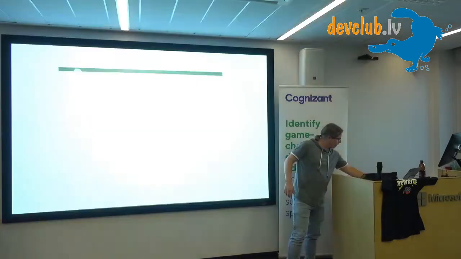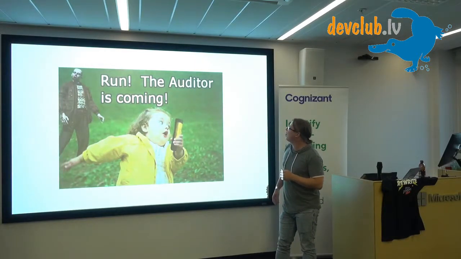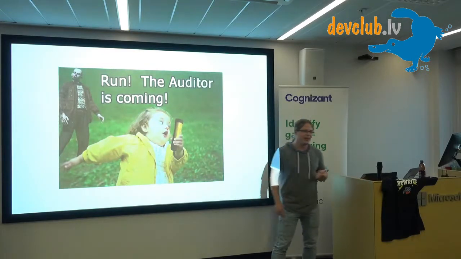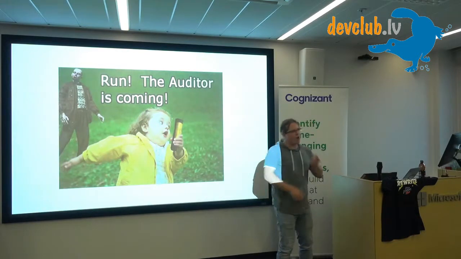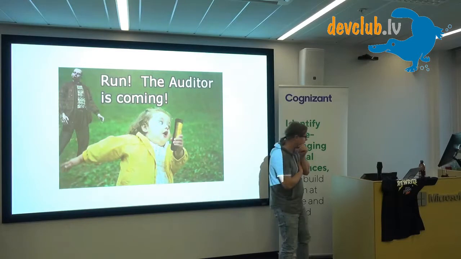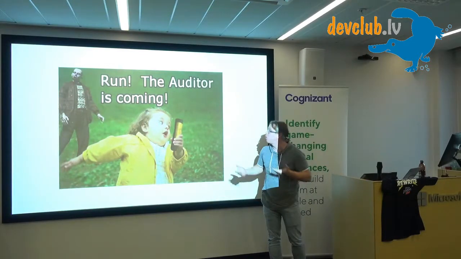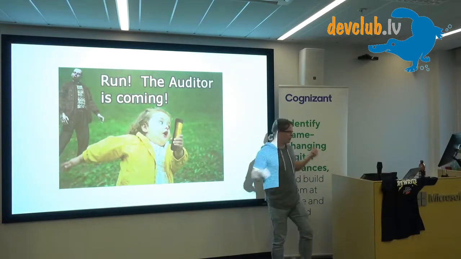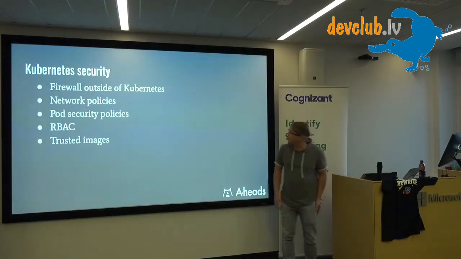The auditors, before giving a compliance certificate, will ask you a lot of security questions, and a few of them are: how will you know if you've been hacked or something changed in your system? So we had to find something for Kubernetes in order to be sure that we are fine in terms of security, right? So, Kubernetes security.